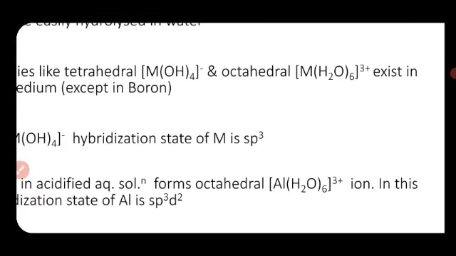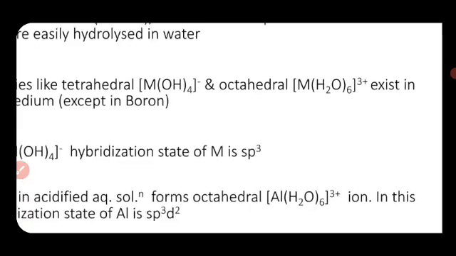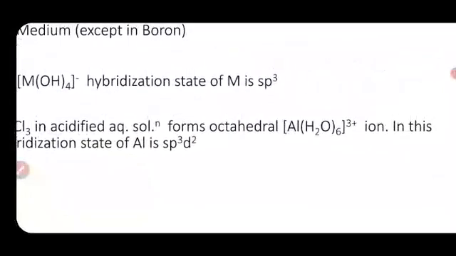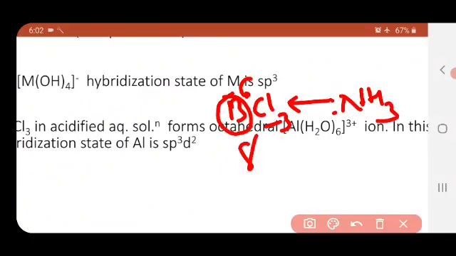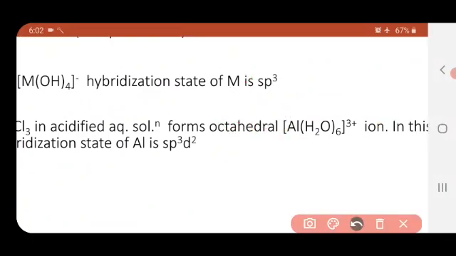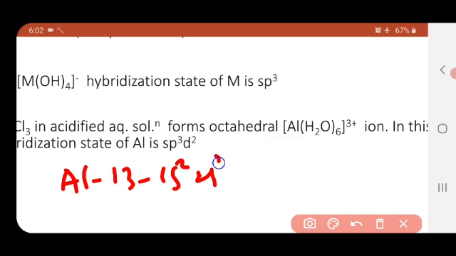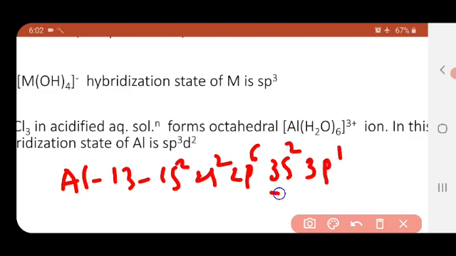Now how the 3d orbital? Because we have seen in aluminium, atomic number 13, so 1s2, 2s2, 2p6, 3s2, 3p1. Now here the third shell is the valence shell, means there is a 3d orbital but it is not filled, means no electrons.